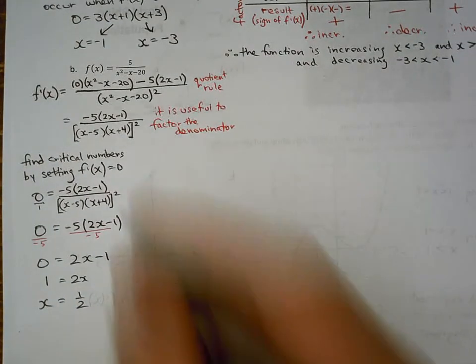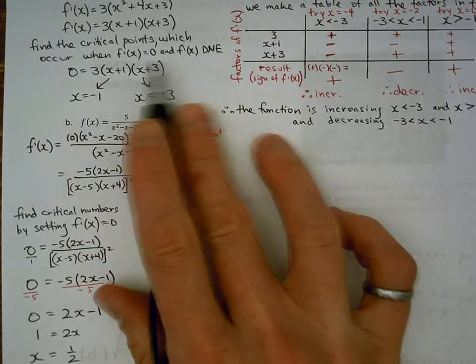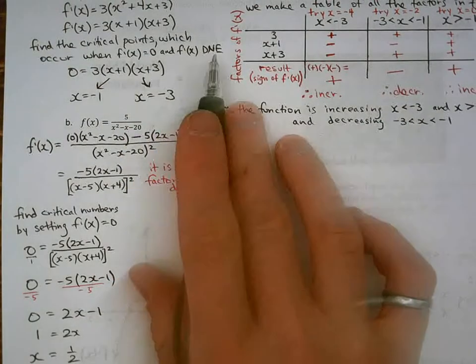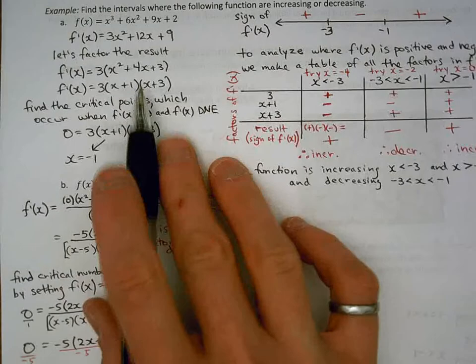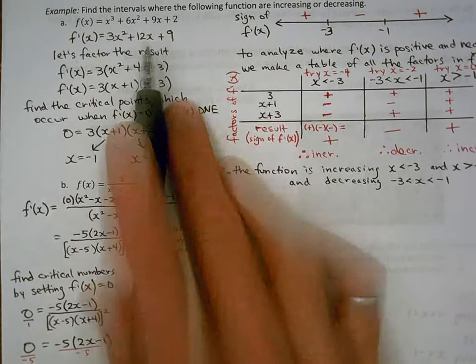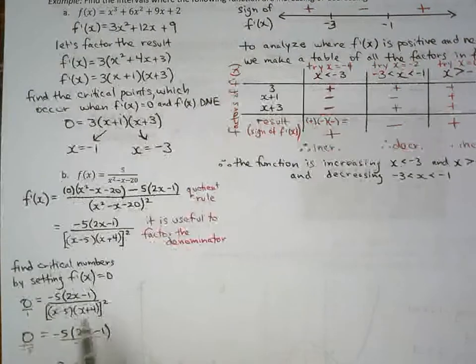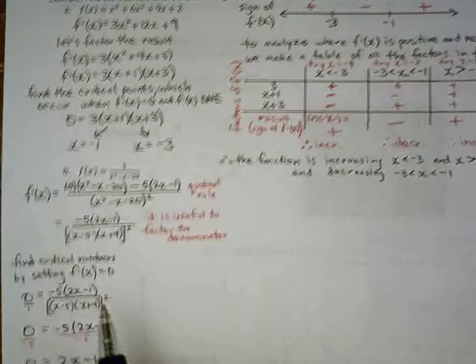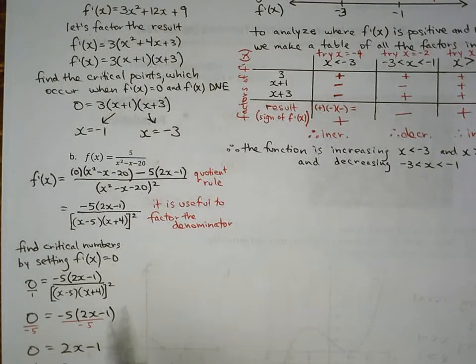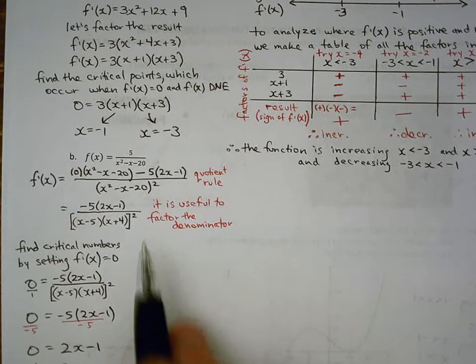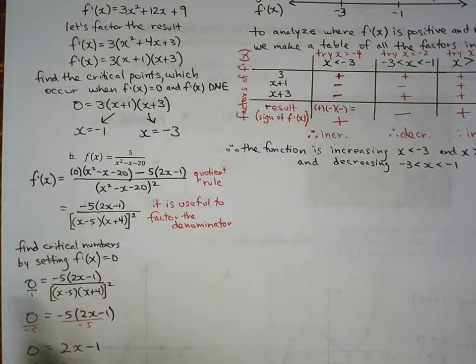Now, that's not it, right? Because last time we said we also have to find where the derivative does not exist. For a nice polynomial function like up here, it always exists. But we know for rational functions, it's not true. There are some places where the function doesn't exist. There are asymptotes or holes. These are often due to the divide by 0 issue with the denominator.